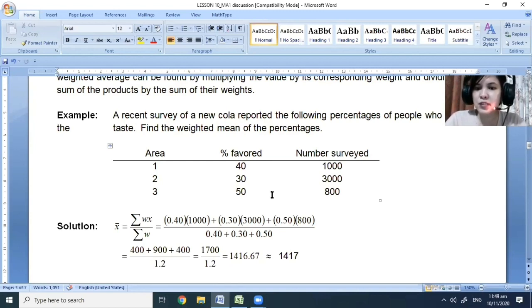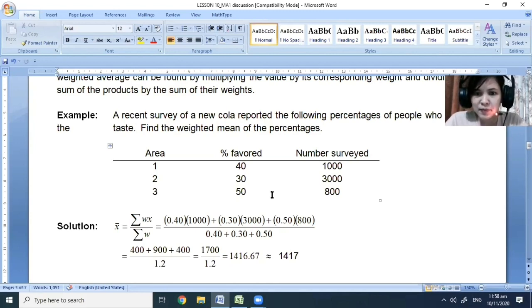So 40% of 1,000 is 400. Then 30% of the respondents from area 2 like the taste of the cola. So 30% of 3,000 is 900. So, all in all, 900 plus 400, 1,300.